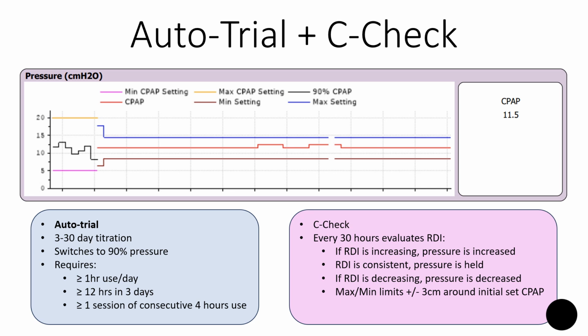So the pressure that you've spent about 90% of the time at will be the pressure. But what this will do is if you're having lots and lots of apneas on that pressure, it's going to start rising the pressure up to a maximum of 3 centimeters different to what it was originally set at. And if you're having really no events at all, then it will decrease it. So it can go up or down by plus or minus 3 centimeters of water. So it can still adapt somewhat to your situation.